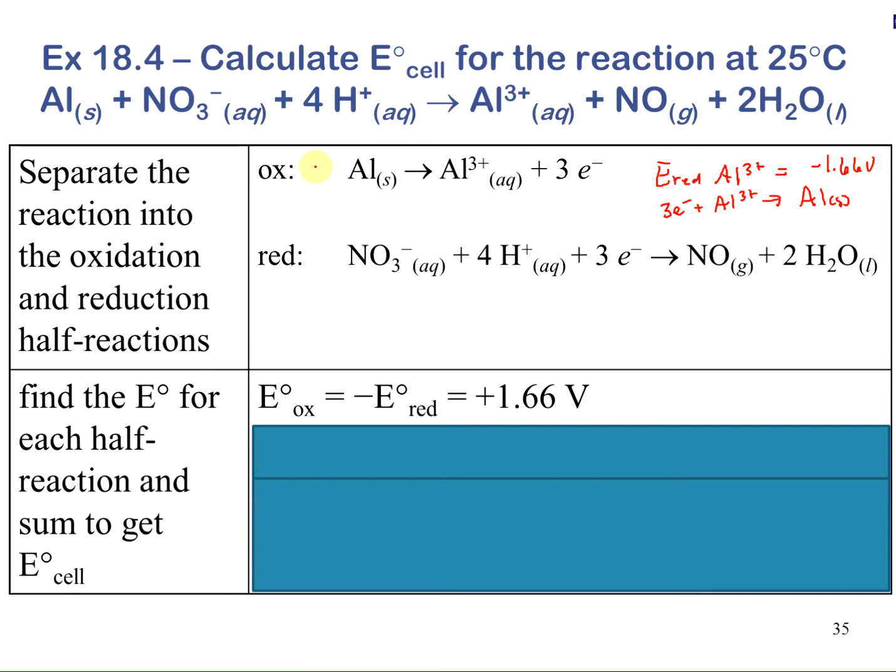But I need the oxidation potential, which has the opposite sign of the reduction potential. So that's why I get the oxidation potential as positive 1.66 volts.